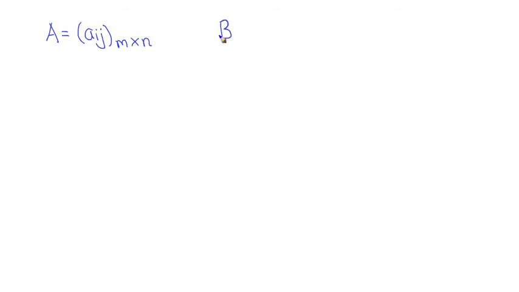And B is also a matrix, Bij, suppose of order N cross R. So there are two matrices, Aij and Bij. The product AB, we denote by C, and the entries we write as Cij.